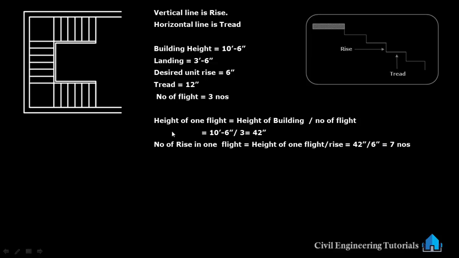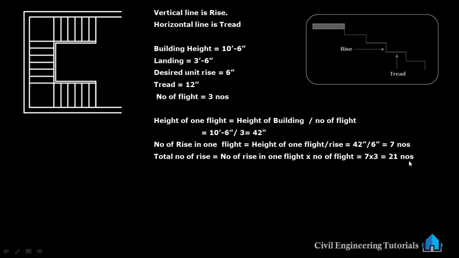Now total number of rise we need to calculate. Total number of rise is number of rise in one flight times number of flights. So number of rise in one flight, 7 numbers, into number of flights 3 numbers. 7 into 3, 21 numbers.